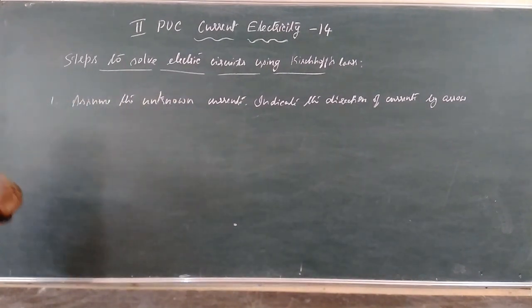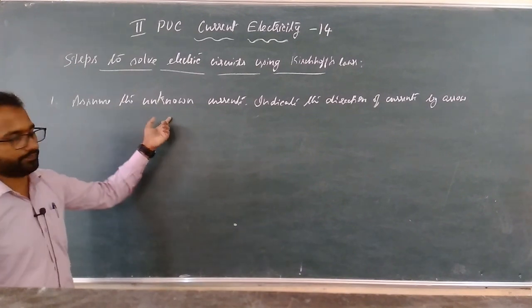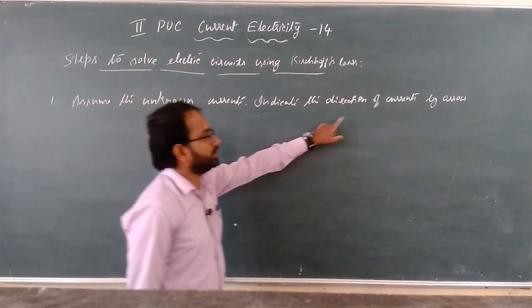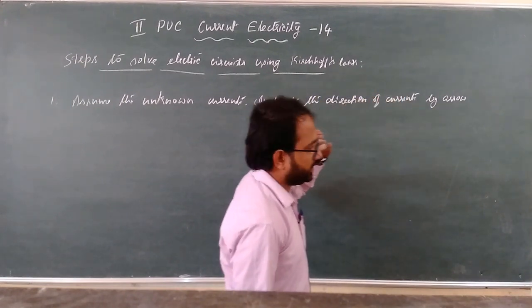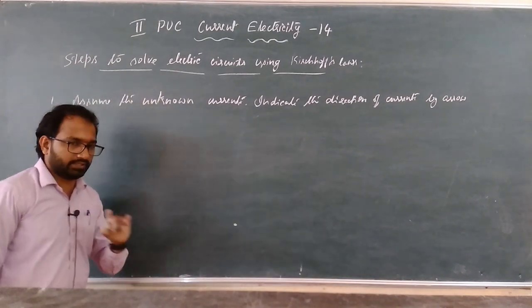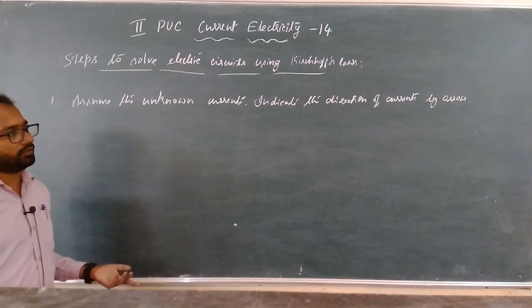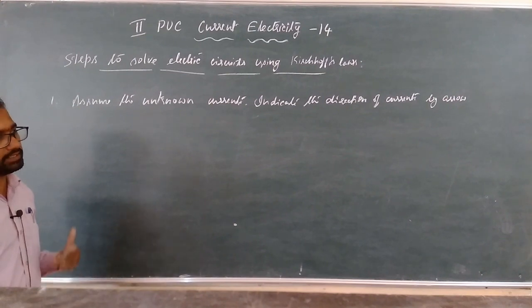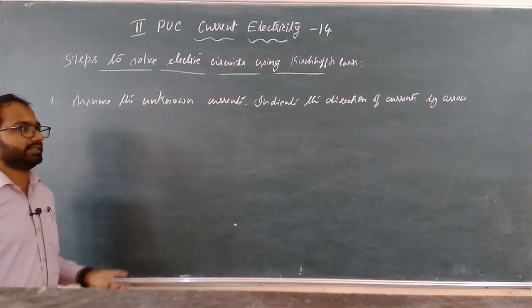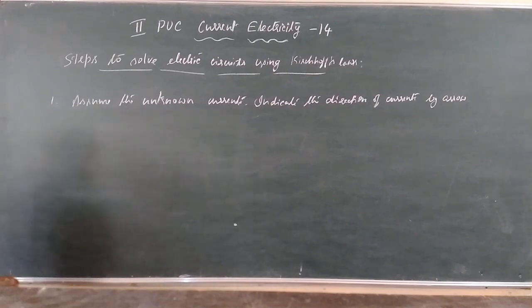If the actual direction of current is opposite to the direction of current that we assumed, because the direction is indicated by the arrow, we choose the direction of a current. If the actual current flow in that particular branch is opposite to the assigned direction, that is reflected in the final result.